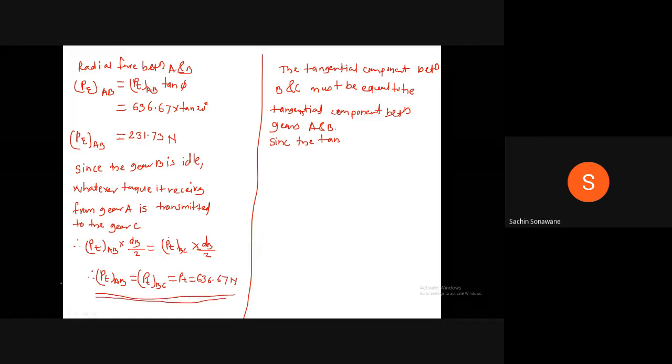This is the equation. The meaning of this statement we have written here, up to this.